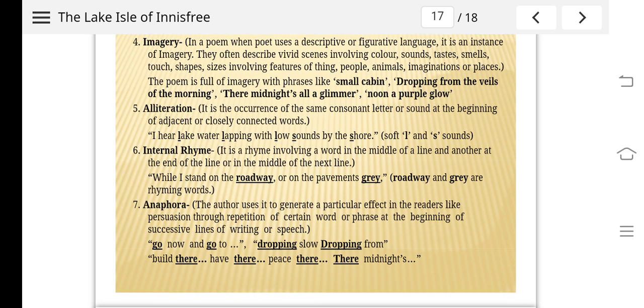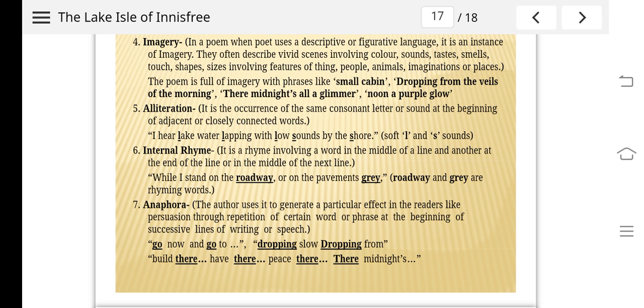Alliteration, that is, I hear lake water lapping with low sounds by the shore. So you can see here the L and S sounds have been used. Internal rhyming is roadway, gray. Roadway and gray. Now anaphora, you can see here: go and now and go to, dropping slow and dropping from, they build there, have there.